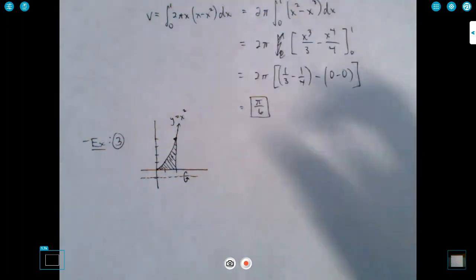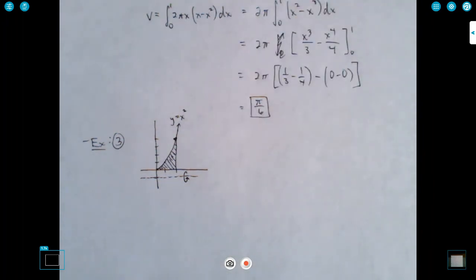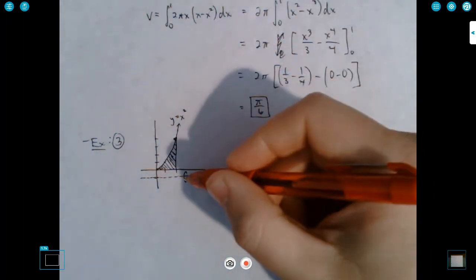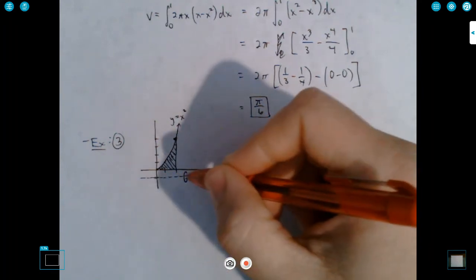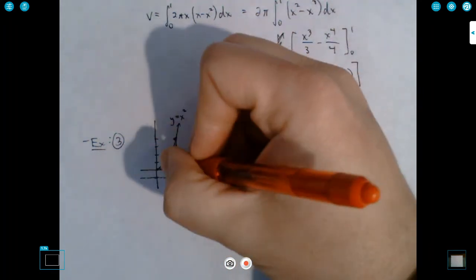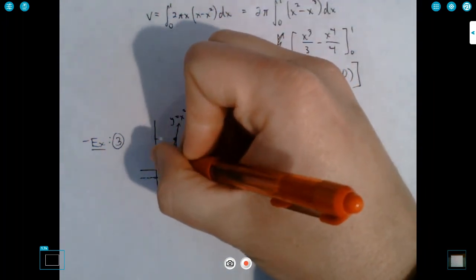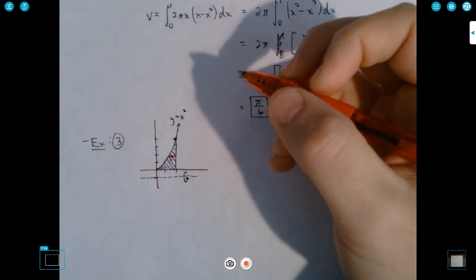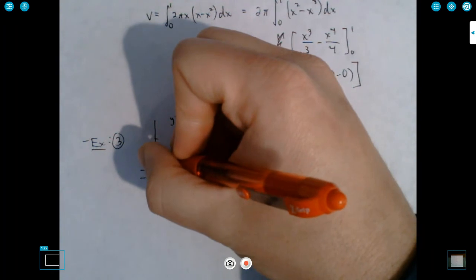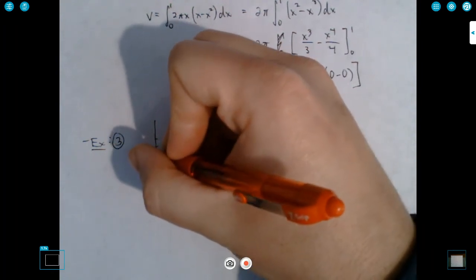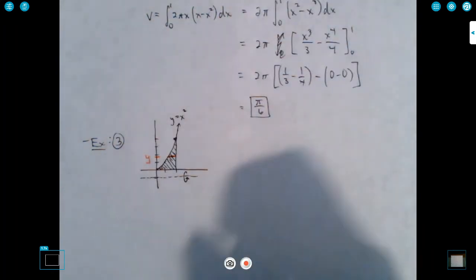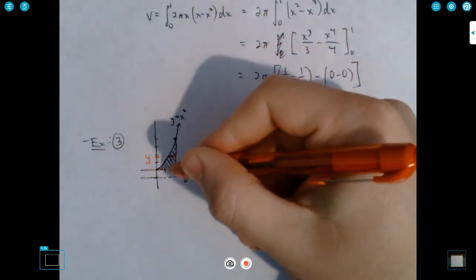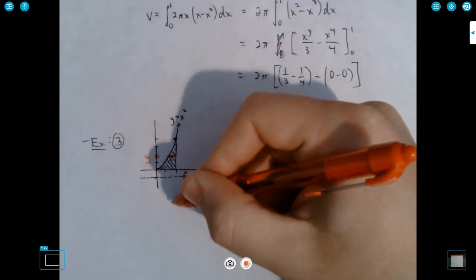So with cylindrical shells, imagine now, since we're rotating around a horizontal line instead of a vertical line, we're going to take a horizontal slice instead of a vertical slice. So if I took an arbitrary horizontal slice like that, and I called it y, and then imagine rotating this around this line y equals -1.